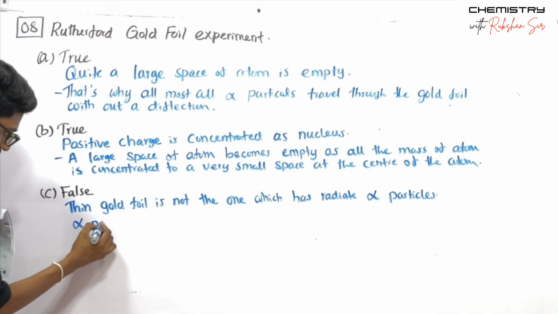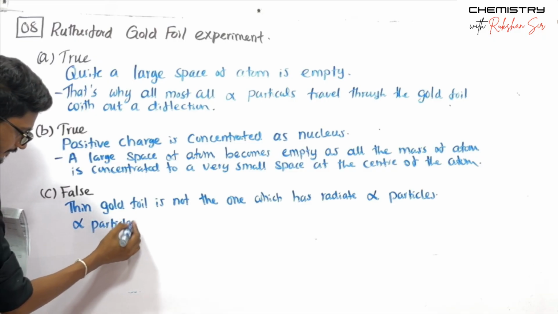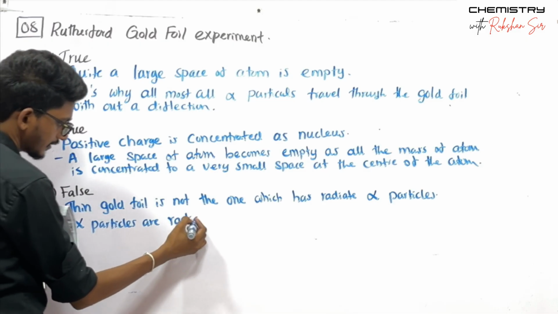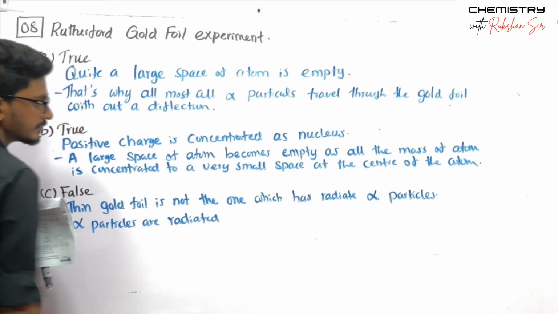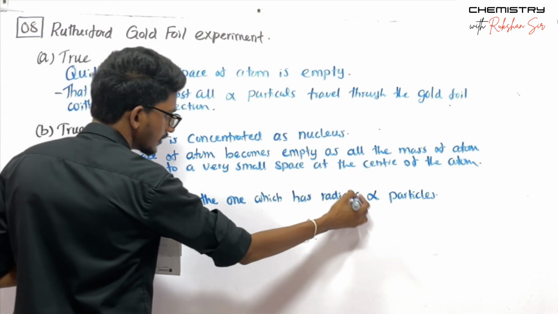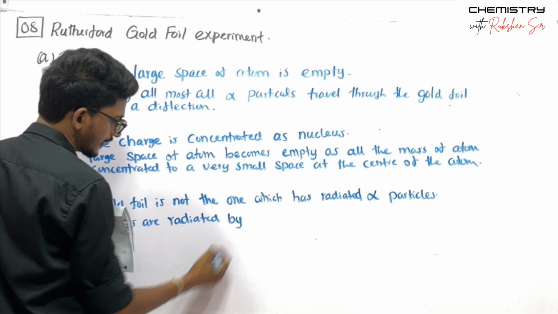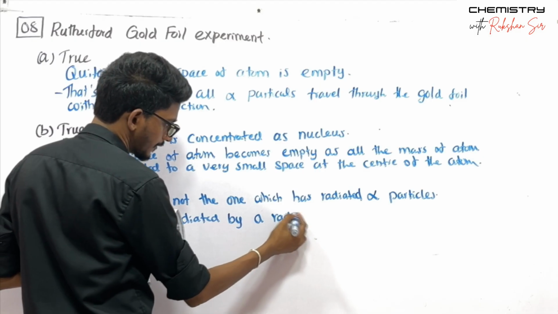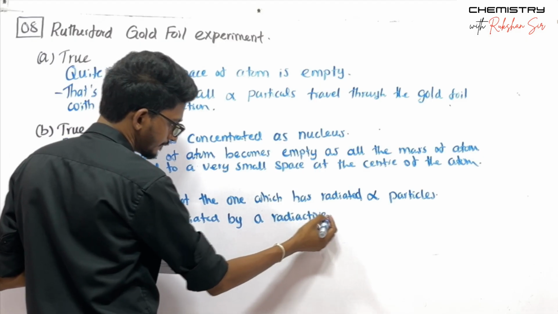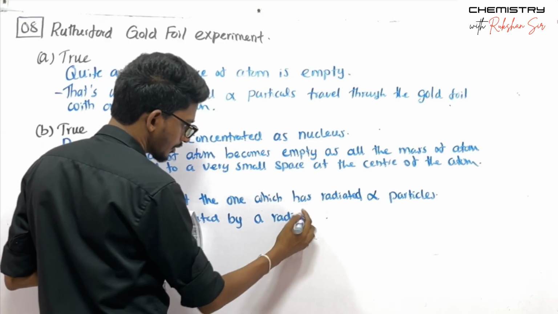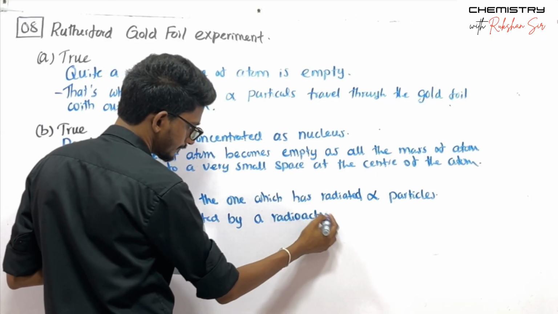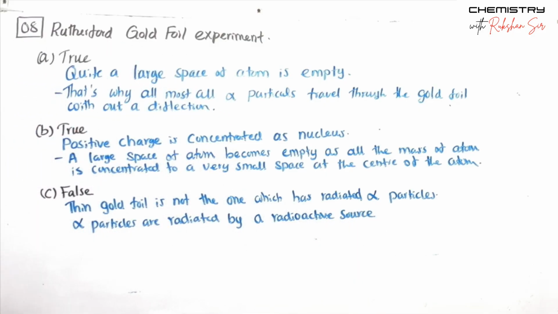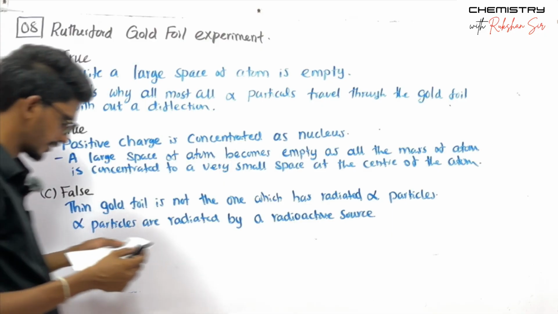Alpha particles are radiated by a radioactive source. Right? So the C statement is false.